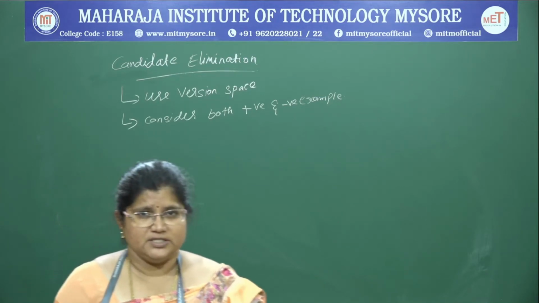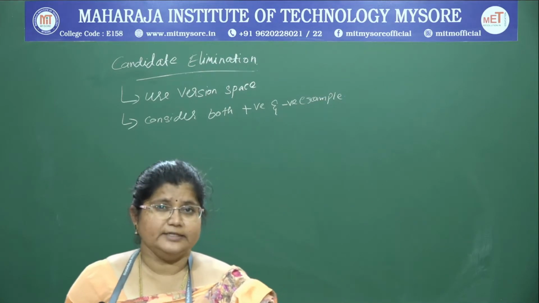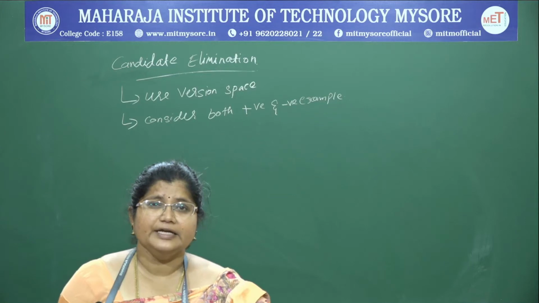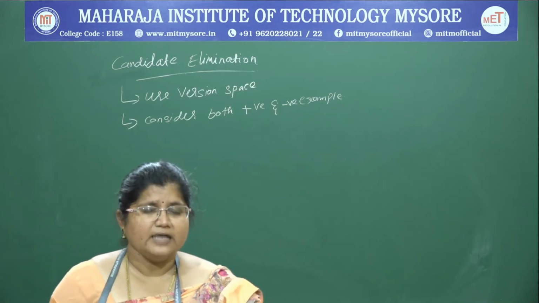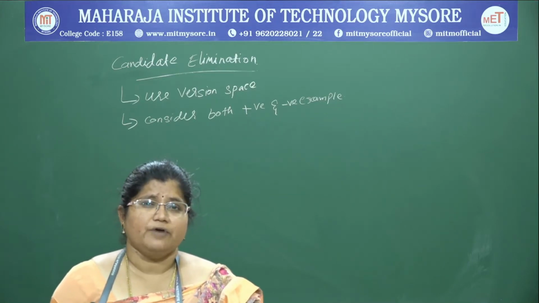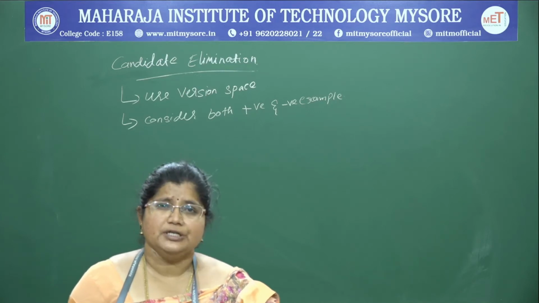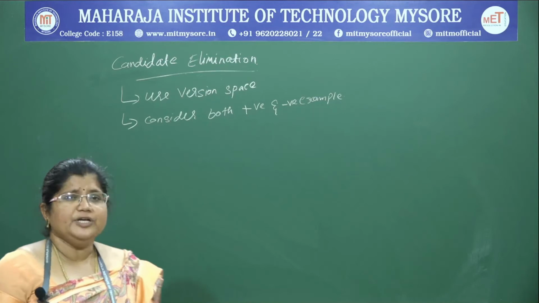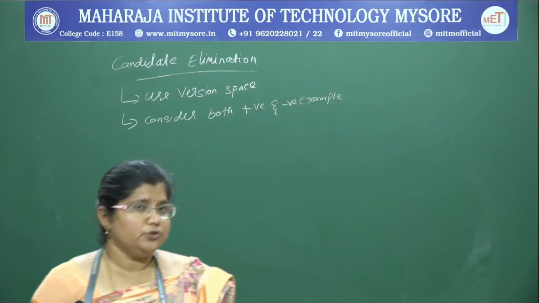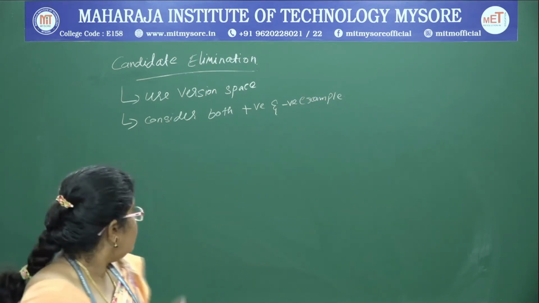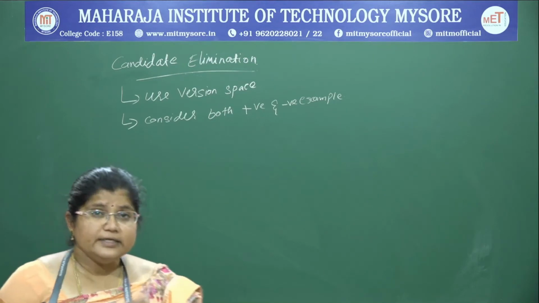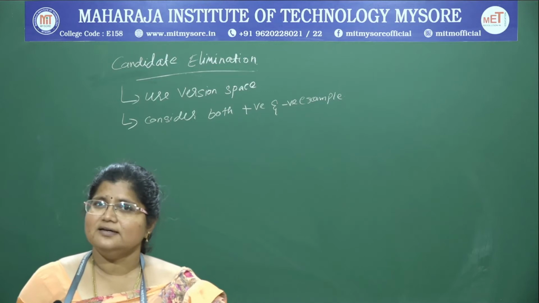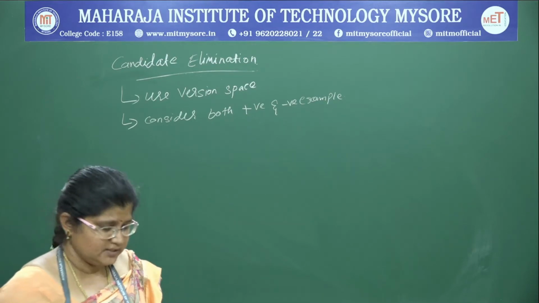That hypothesis is going to address both the positive example as well as the negative example. That's the main intention of having this candidate elimination algorithm. As I said, the candidate elimination algorithm uses version space, and it considers both the positive training examples as well as the negative training examples.